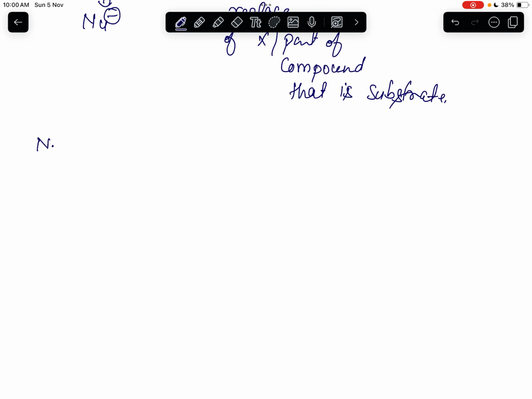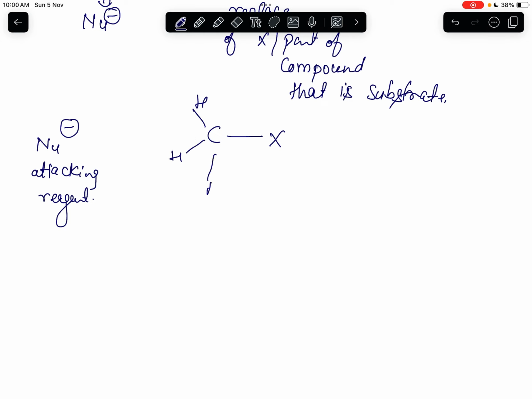Here there is a nucleophile, it has a negative charge on it, and we can say it is the attacking reagent. It will attack the alkyl halide. The C-X bond is polar because a highly electronegative atom carries the partial negative charge.